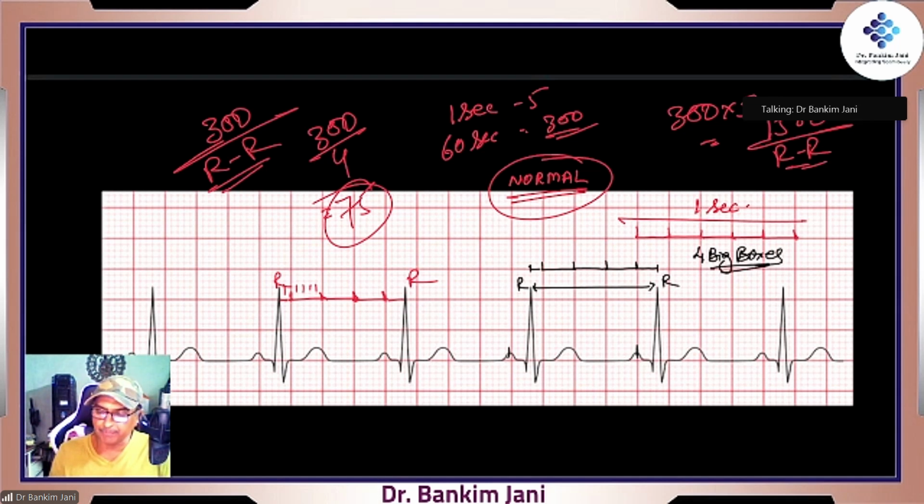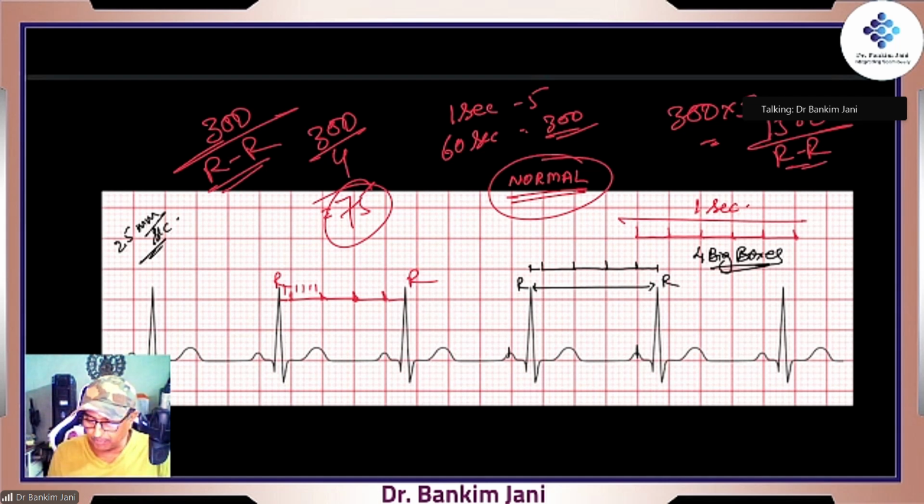And because the paper moves at the speed of, we wrote it somewhere over here, 25 millimeter per second, correct? And this big box is 5 millimeter. So that means there will be movement of 5 such boxes per second.